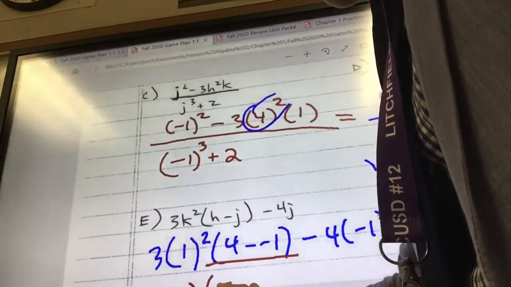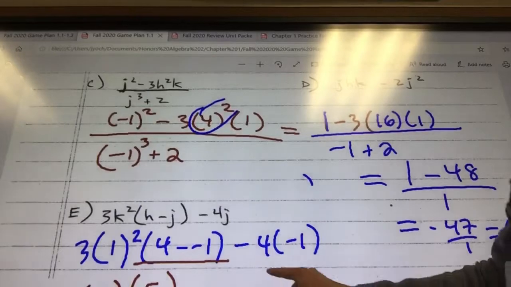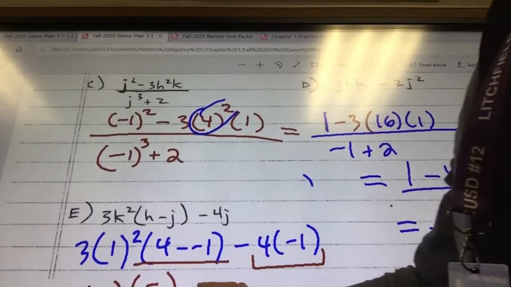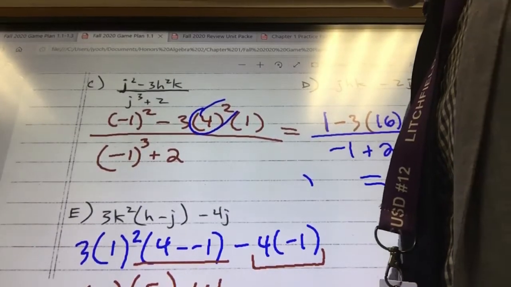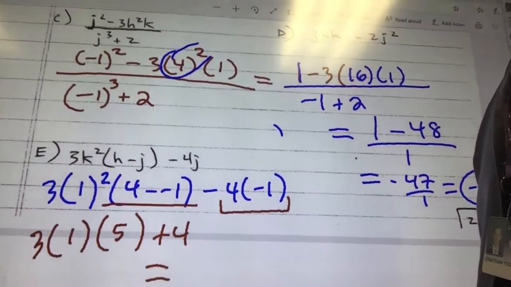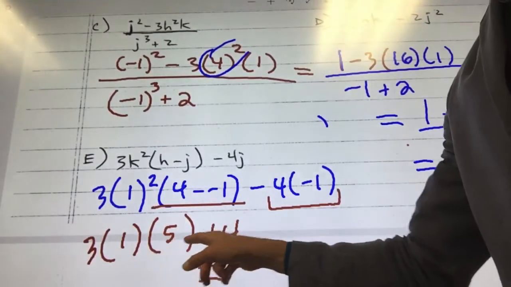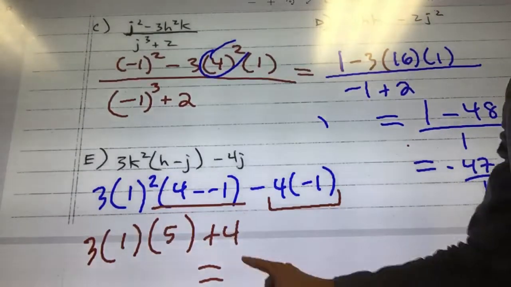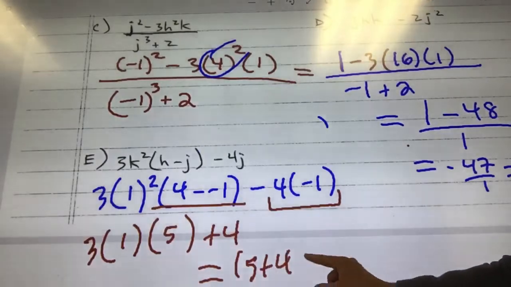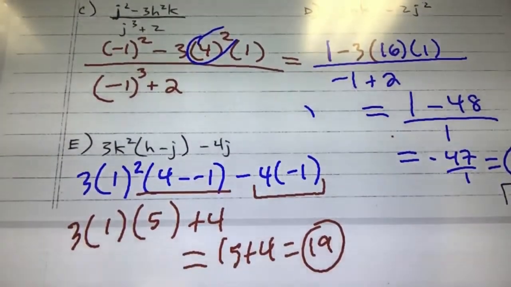I can do that on its own. 4 minus a negative 1 is 4 plus 1, which is 5. Over here, I have a negative times a negative. A negative times a negative is a positive. All right, so where am I? 3 times 1 times 5 plus 4. Okay, that is 15 plus 4, which is a prime number, 19. You can end that page with a prime.